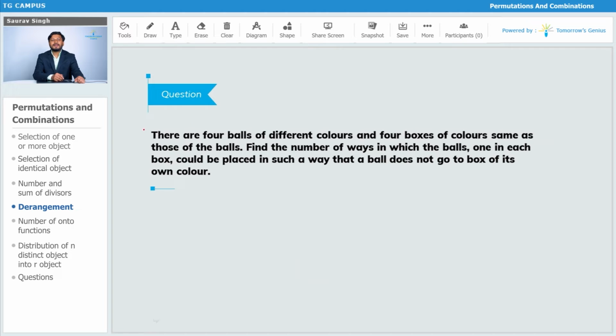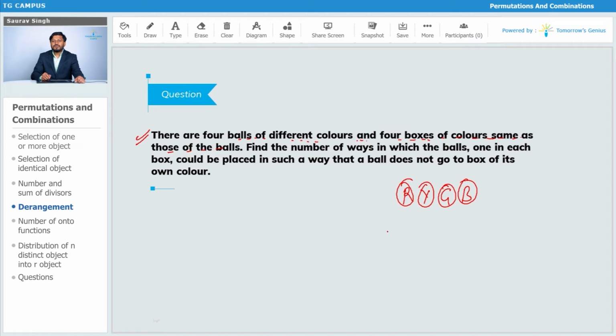For example, let's say there are 4 balls of different colors and 4 boxes of the same colors as those balls. So we have, let's say, red, yellow, green, blue. These are all balls.